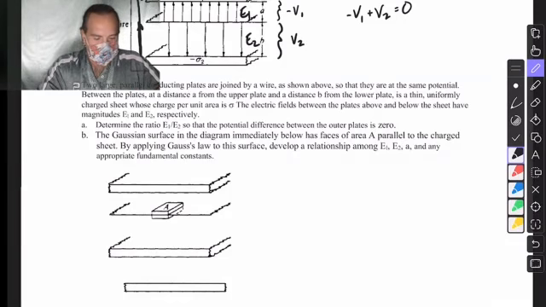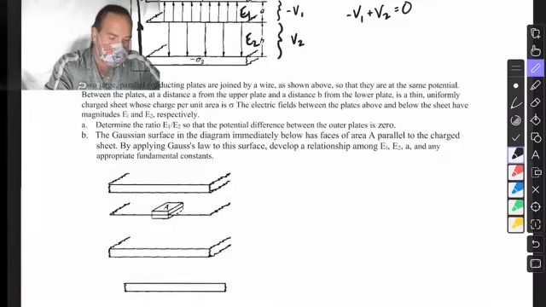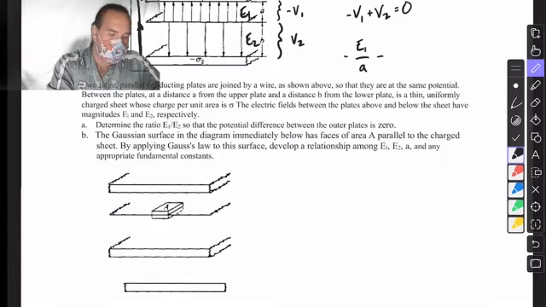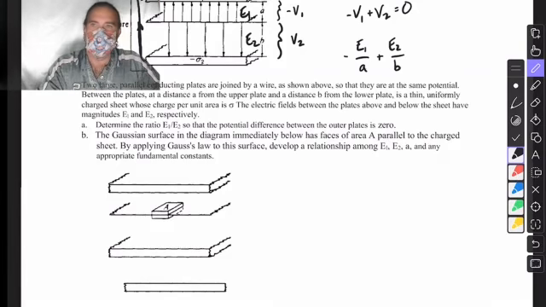Well, based on that, V1 has to be E1 over A, and is negative. And V2 has to be E2 over B. And that has to sum to 0. We doing okay so far?